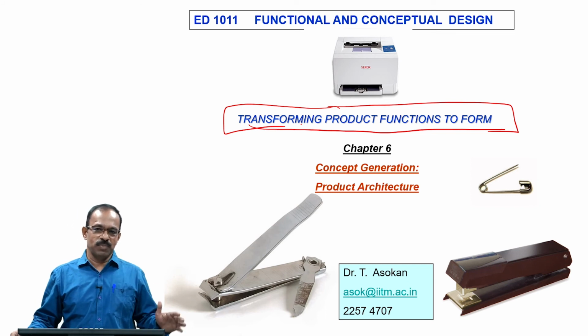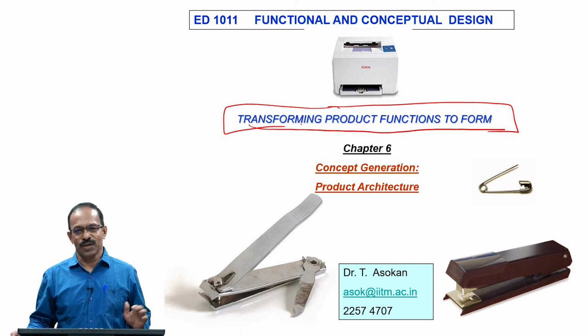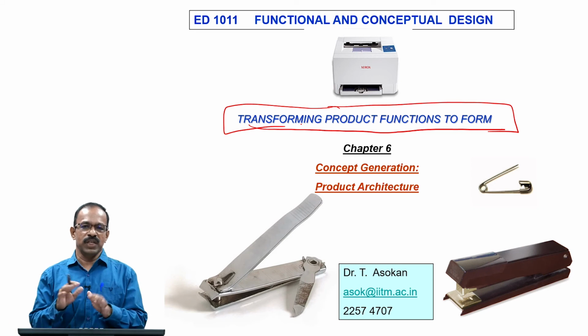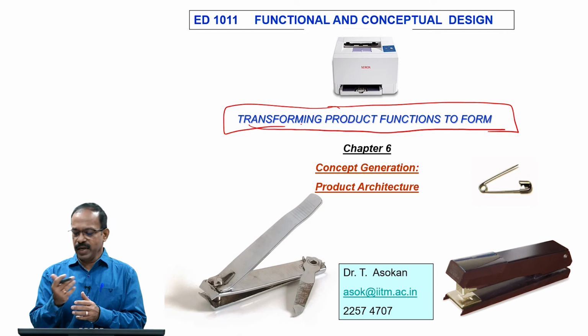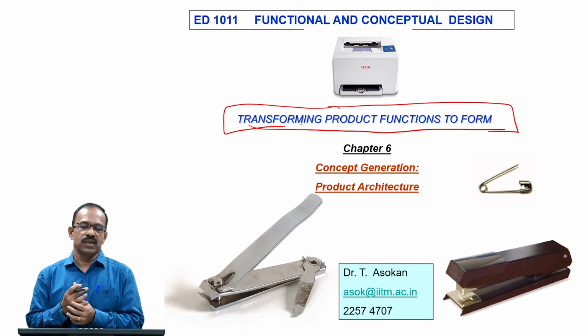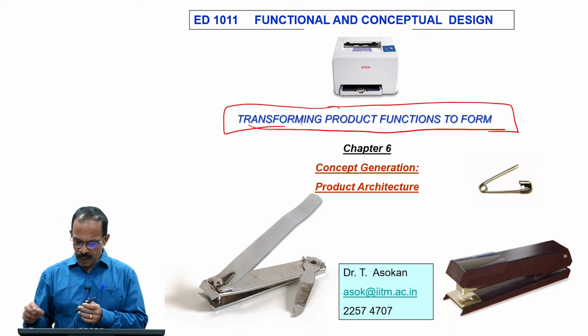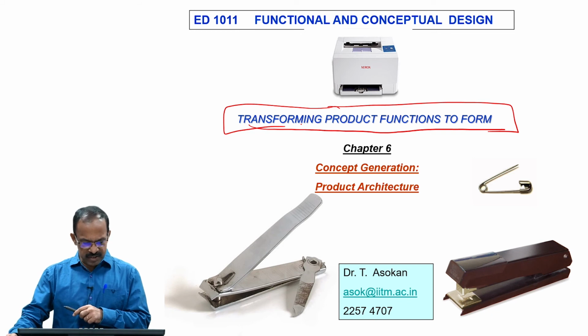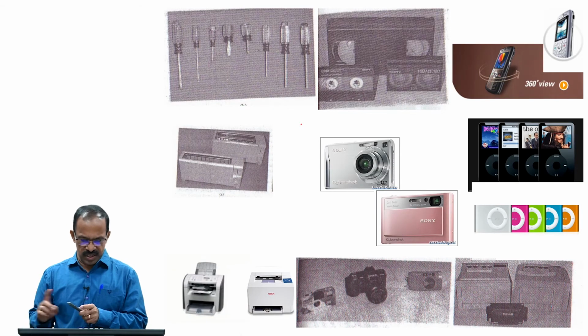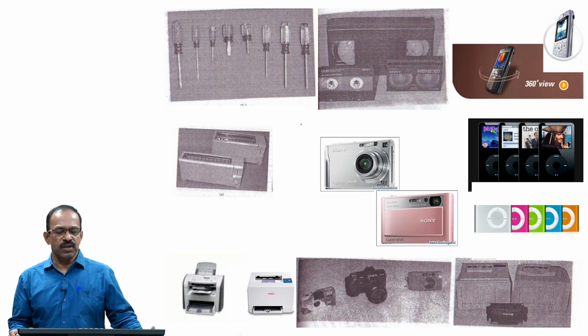In the previous chapter we were looking more at the functions. Now, we are trying to see how these functions can be given some shapes, and in what way these functions can be organized to get a particular product architecture. So, before going to the details, let me show you these pictures here. You can see a lot of products.